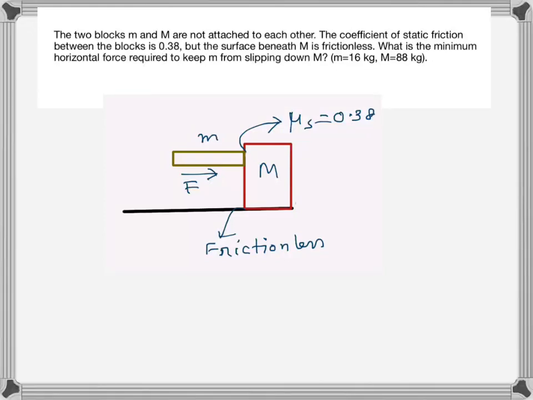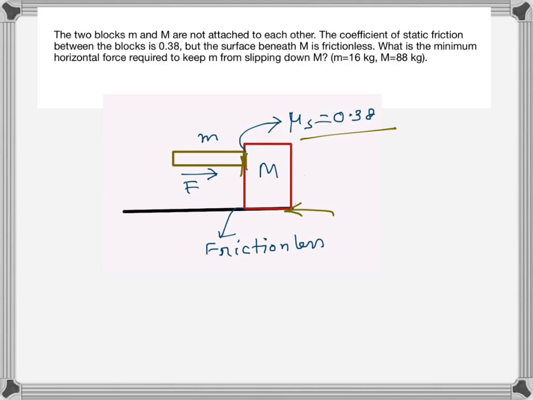So we can see there are two blocks, and the static friction between the two blocks here is 0.38. This surface, beneath the larger block, is frictionless, and the masses of both blocks are given.